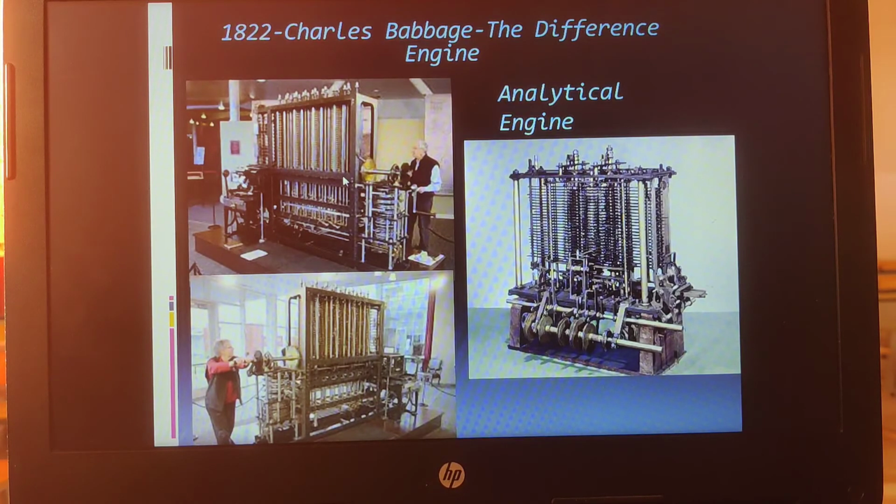This is nothing but the difference engine, and later he thought of the mechanical construction of this difference engine and called that machine the analytical engine. This analytical engine is also called a mechanical digital computer.